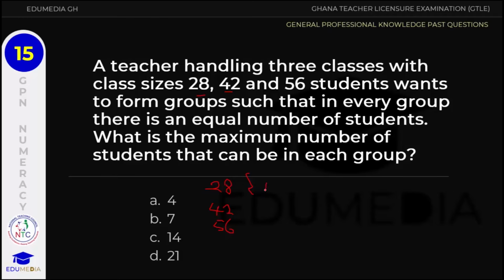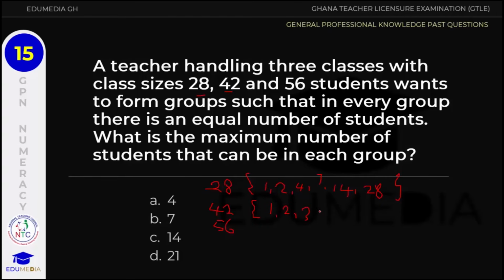So for 28, we have 1, 2, 4, 7, 14, and 28 itself. And then for 42, we have 1 as well. 2 can also be there.